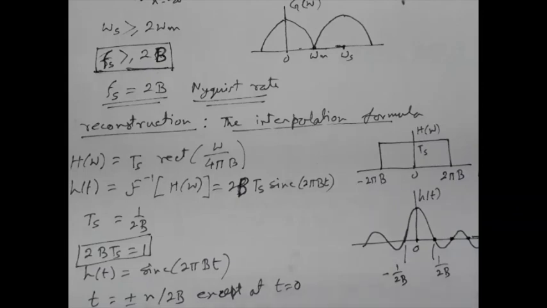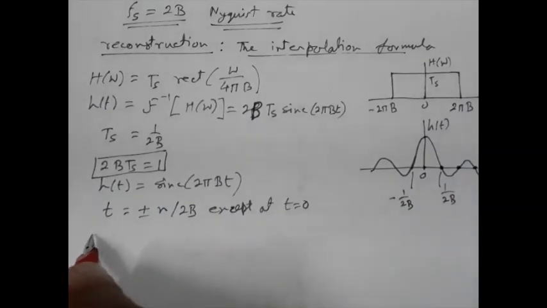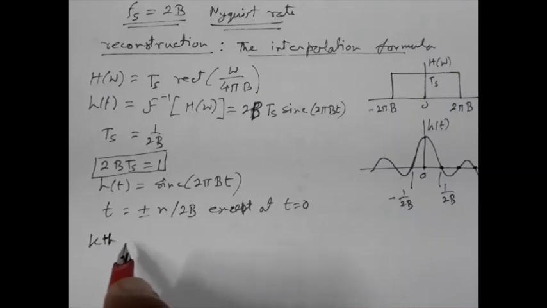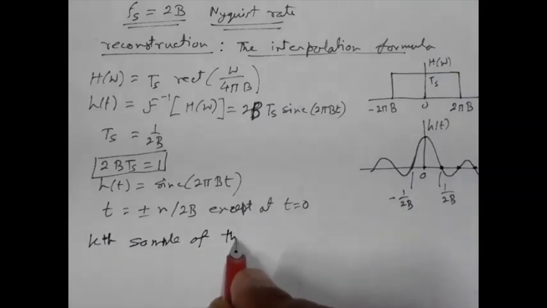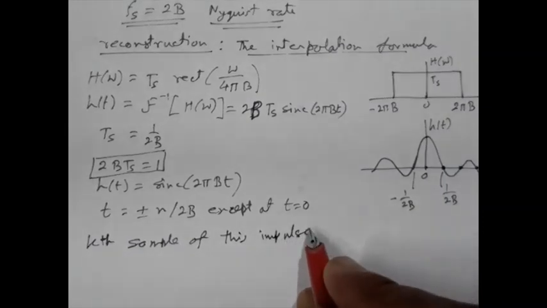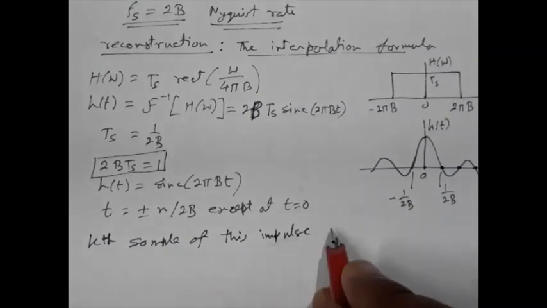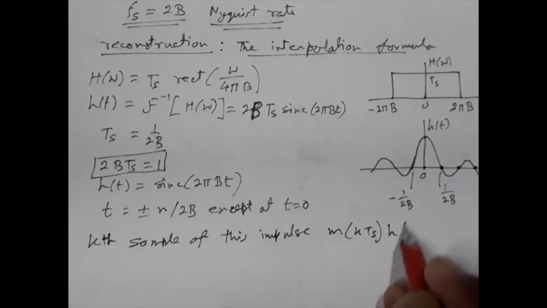For instance, the kth sample of this impulse will be m(kTs) times h(t minus kTs).